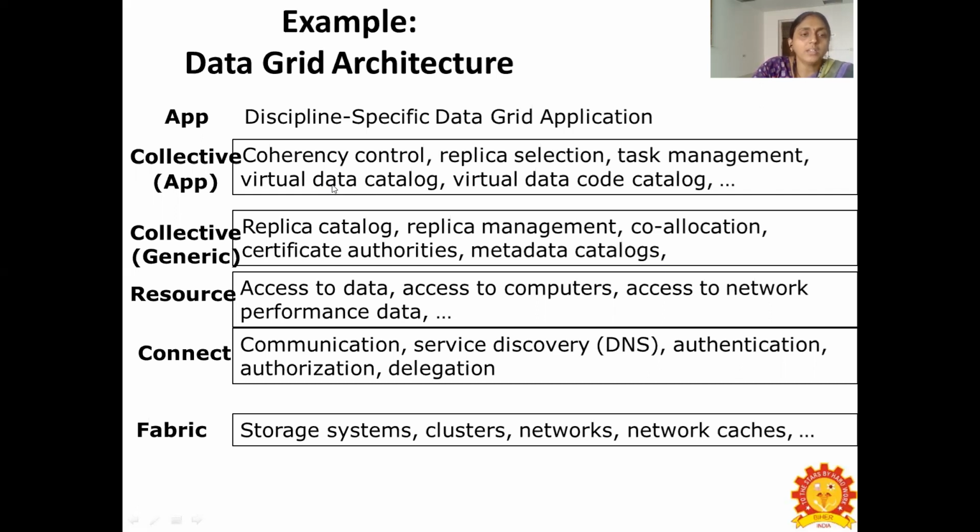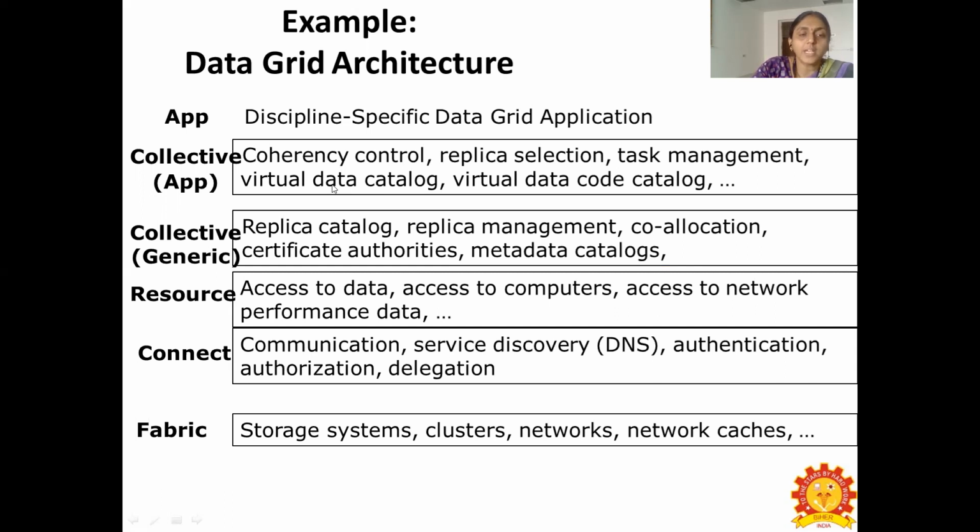And the third layer, generic, which is collective, that is replica catalog, replica management, co-allocation, certificate authorities, then metadata catalogs are all focused. And next layer is resource, where the access to the data resources, access to computers, access to network, performance data are all focused.